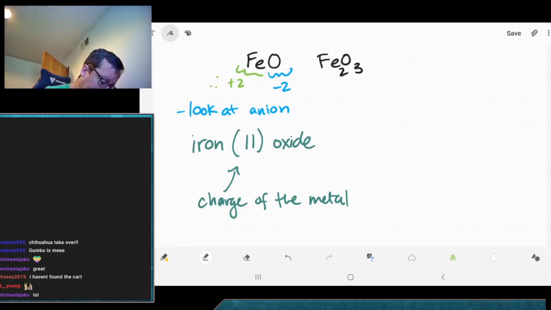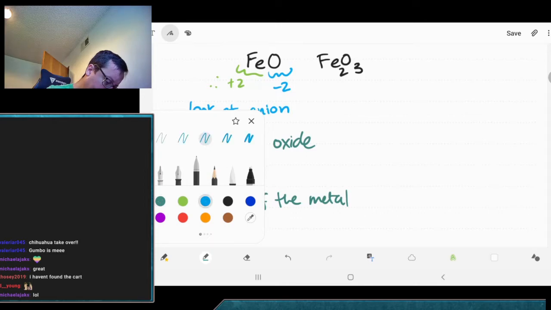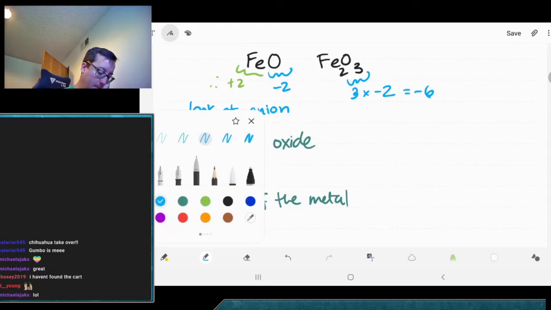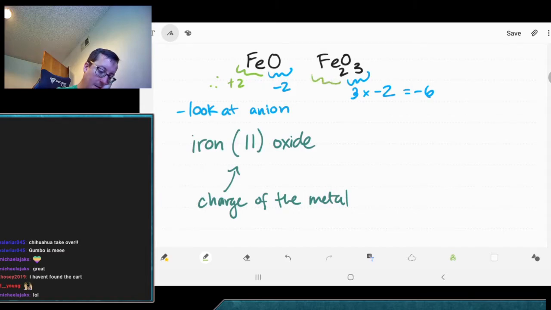If we look at the second compound, we know that this part must be 3 times -2. We have 3 oxygens. Each oxygen is -2, which is -6 overall. So that means overall, this must be +6.